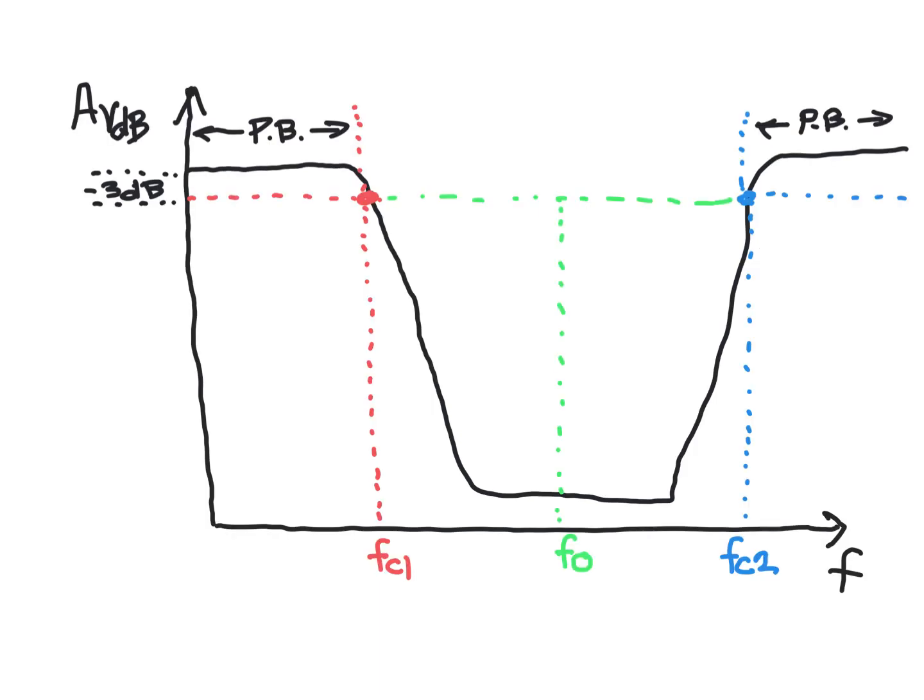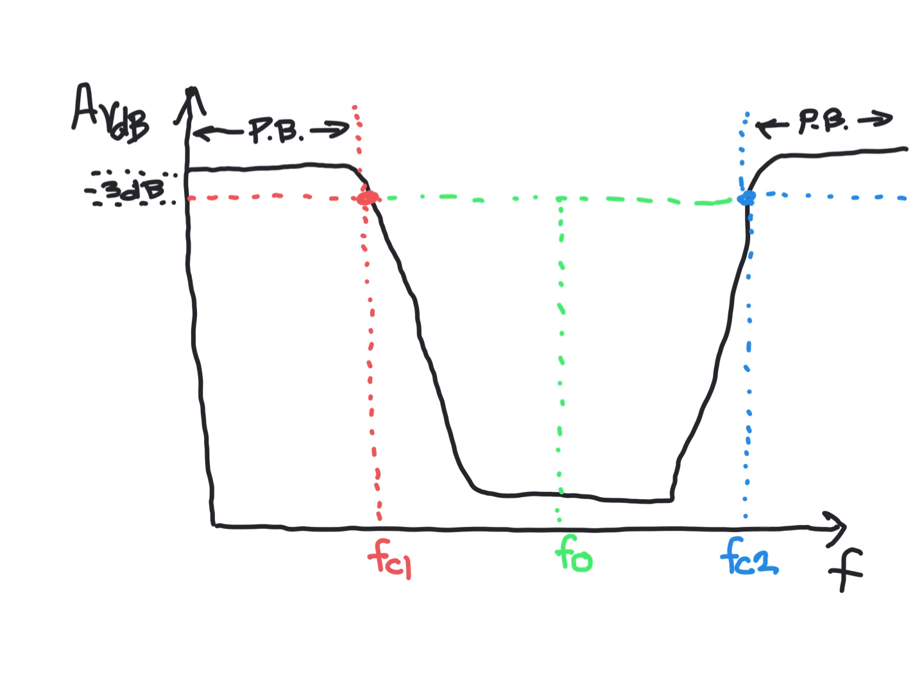So this is basically, if you just imagine the bandpass response mirrored over, this is what you got. And you can see then the notch filter is used to take out a particular frequency or a range of frequencies. It notches them out.